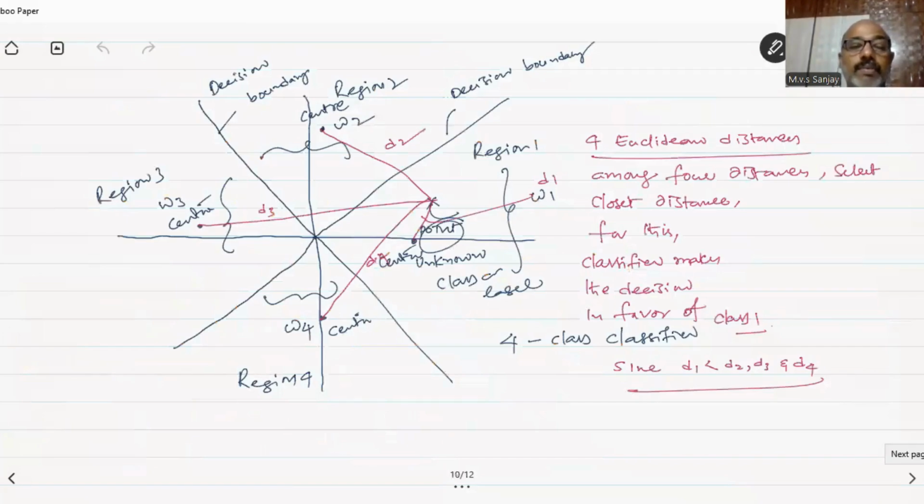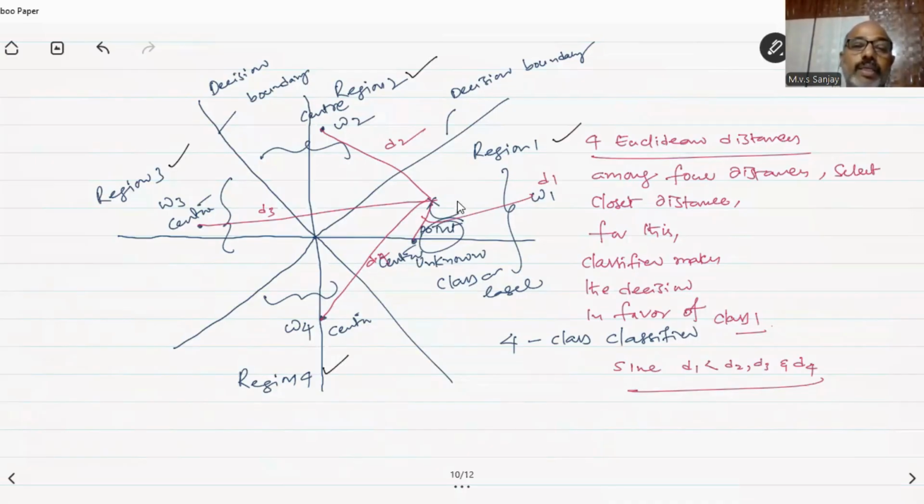This is one example one can understand very easily. There is a plane partitioned into 4 regions: region 1, region 2, region 3, region 4. So it is a 4-class problem. For every class, there is a center point.